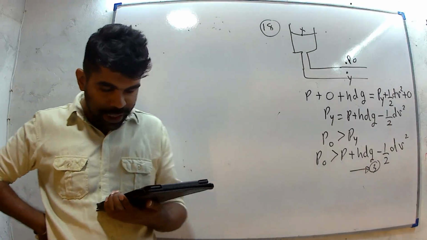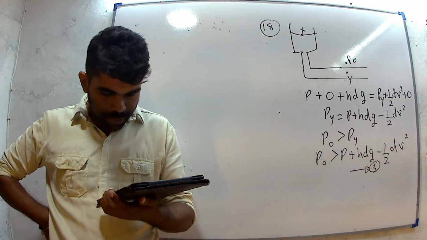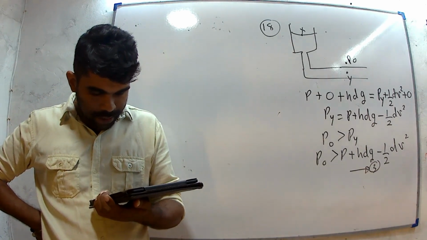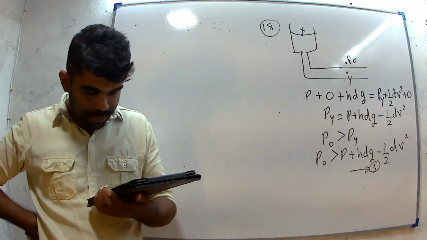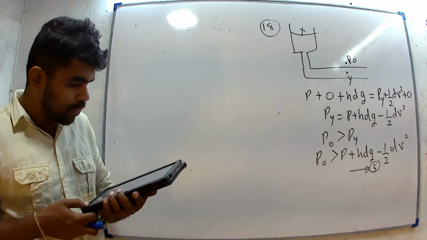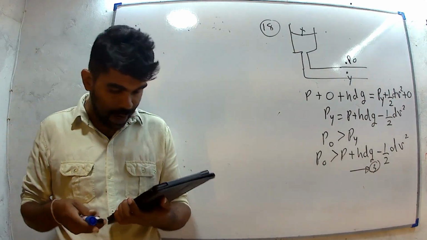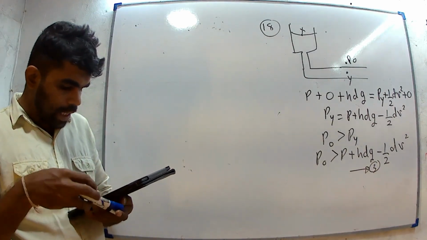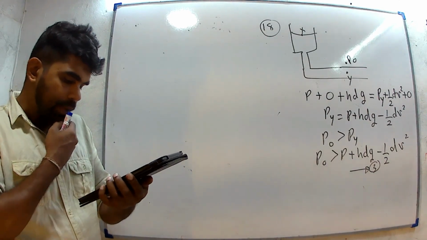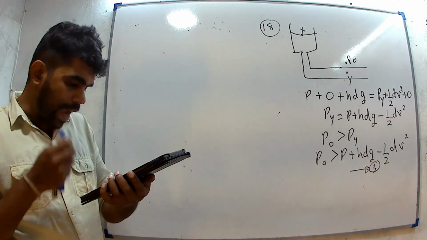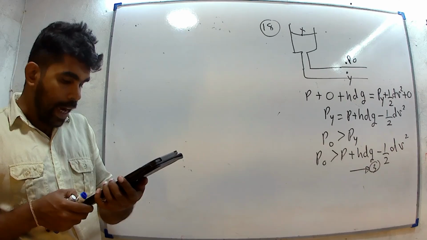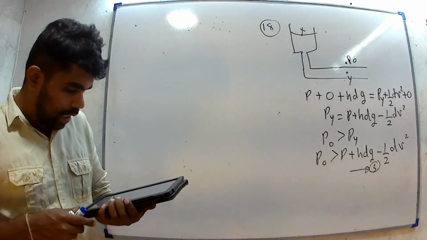We know that velocity at y should be greater than at x and z because there is a small cross-sectional area. Therefore, kinetic energy at point y is greater than at x and z.